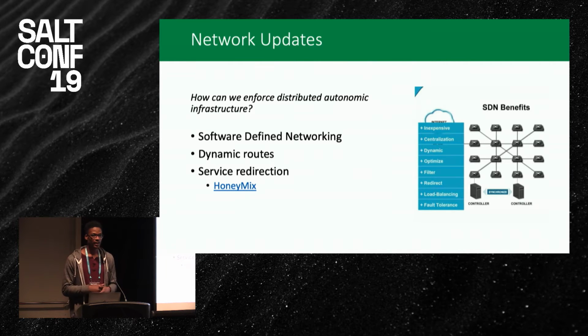These are the different components of autonomic environments. It also entails network updates, because networking is important with computer systems. So software-defined networks are something I came across to utilize dynamic routing mechanisms: how can we move a route to a different zone without interrupting service? This was inspired by a honeypot project. The paper is called HoneyMix, which is pretty cool if you haven't read it.